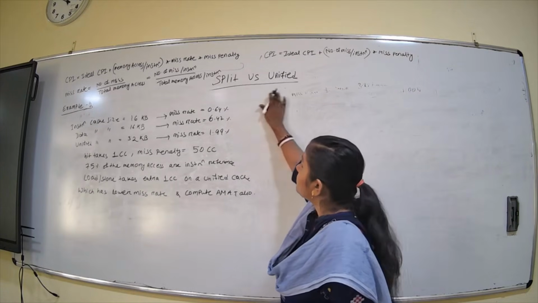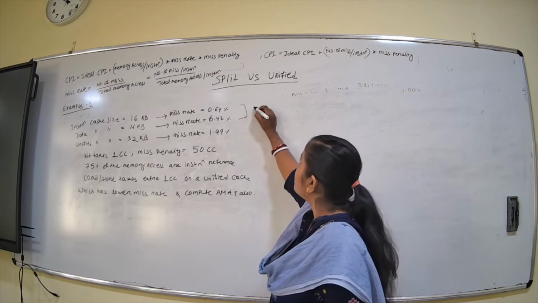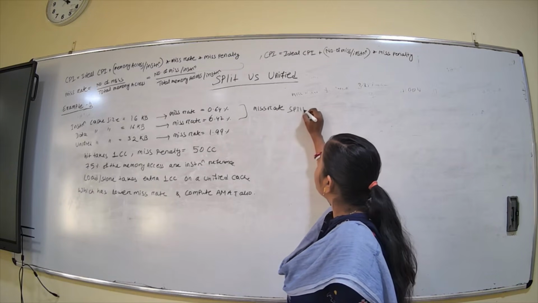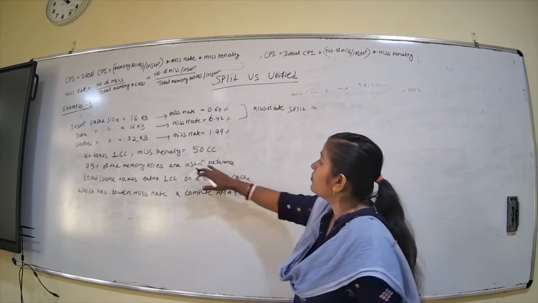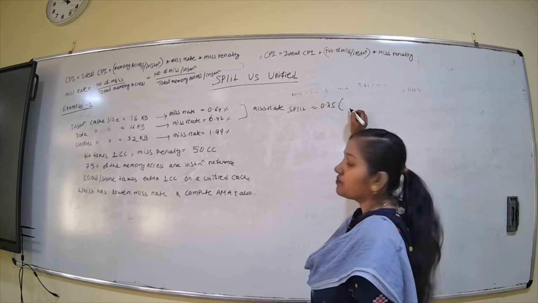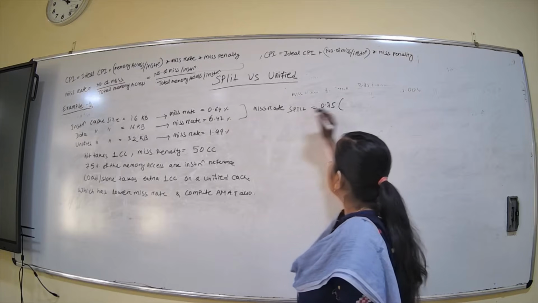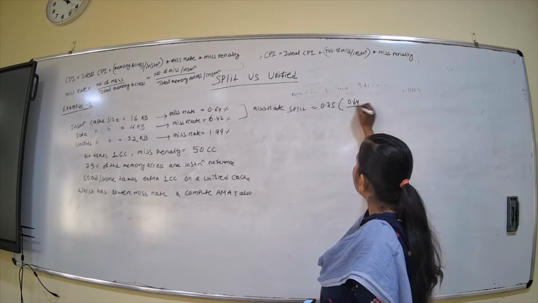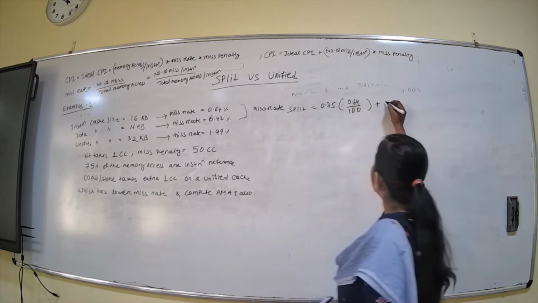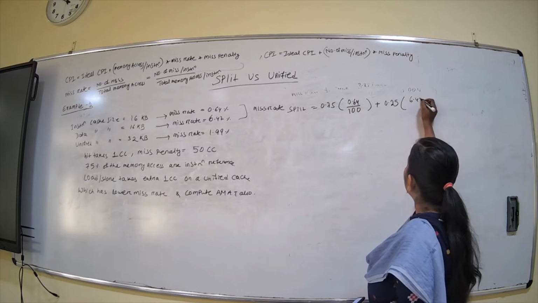The question is which has the lower miss rate, and compute AMT for each case. Now see, the miss rate for each case is given. So now just combine them for the split case. The miss rate for the split case is equal to the percentage of memory accesses because of instructions, 0.75, times the instruction miss rate 0.64 by 100, plus the percentage of data, 0.25, times 6.47 by 100.